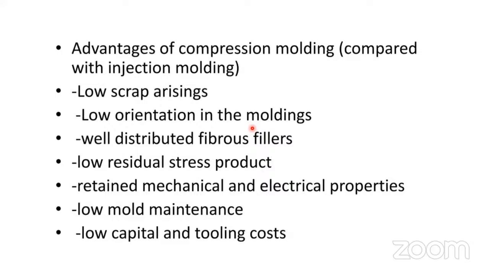So, friend, due to that, material flows from the one part of the machine to the other, and therefore the polymer chains get oriented in the injection molding process. But here, there is no flow at all. The flow is there, but inside the mold. And that's why it shows low orientation.